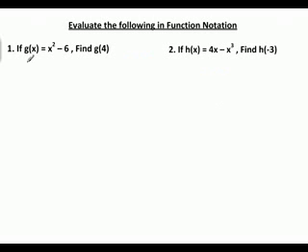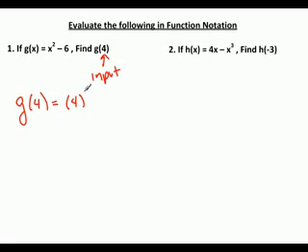So let's go through a couple examples. If g of x, my g function, is equal to x squared minus 6, find g of 4. What this is asking me to do is this 4 is my input. So they're asking me to take my input and put it into my machine, my function. If I take the g machine and input a 4, I'm going to go to my function, and anywhere I see an x, I'm going to substitute in a 4.